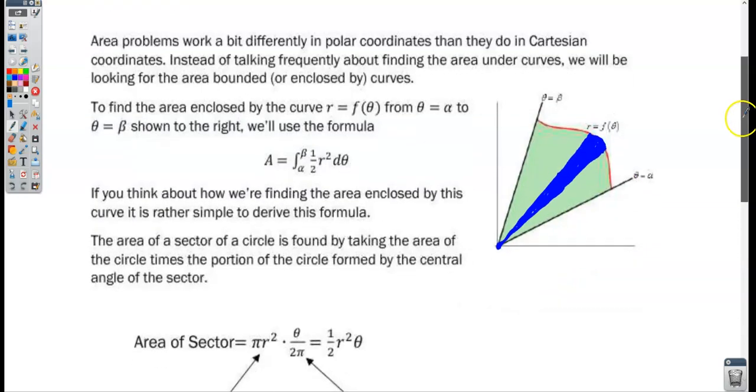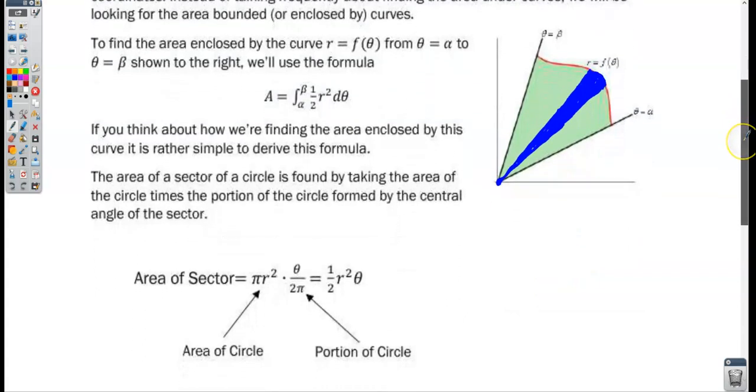And if you remember, to find the area of the sector of a circle, we find that by taking the area of the circle, which is pi r squared, and then multiplying that by the portion of the circle that the sector occupies.